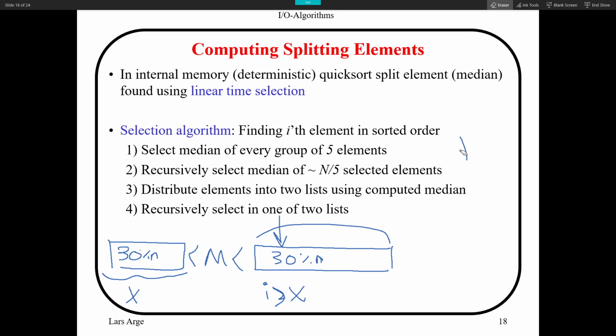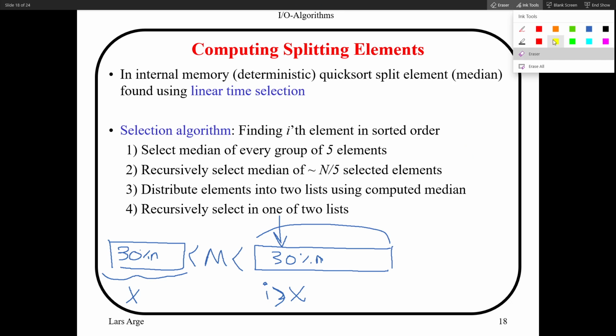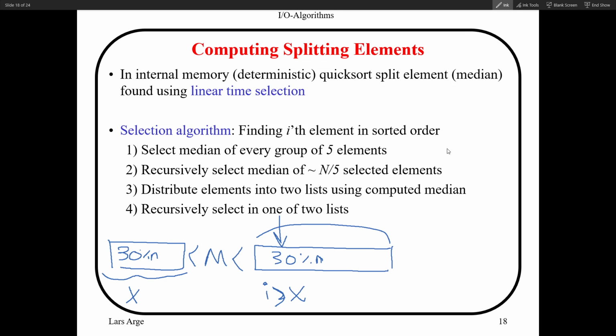Let's try this again. The first step takes O of n time. The recursion is over n/5 elements, so this takes f of n/5. This takes O of n time, distribute the two lists according to the computed median, and then recursion.